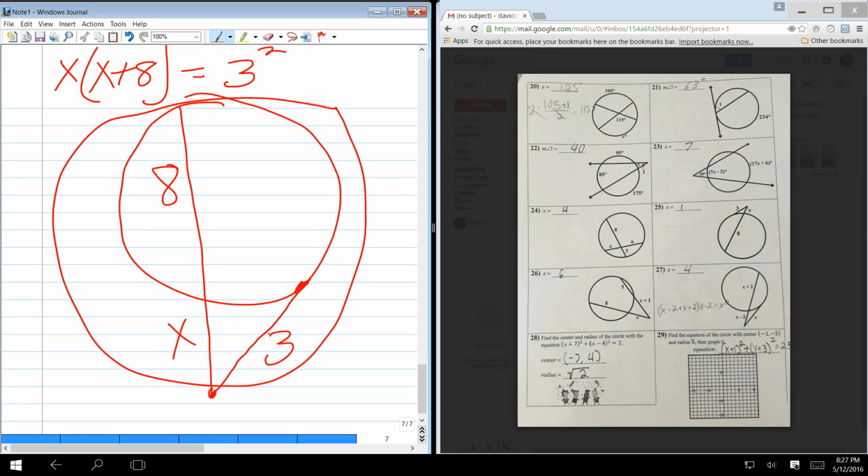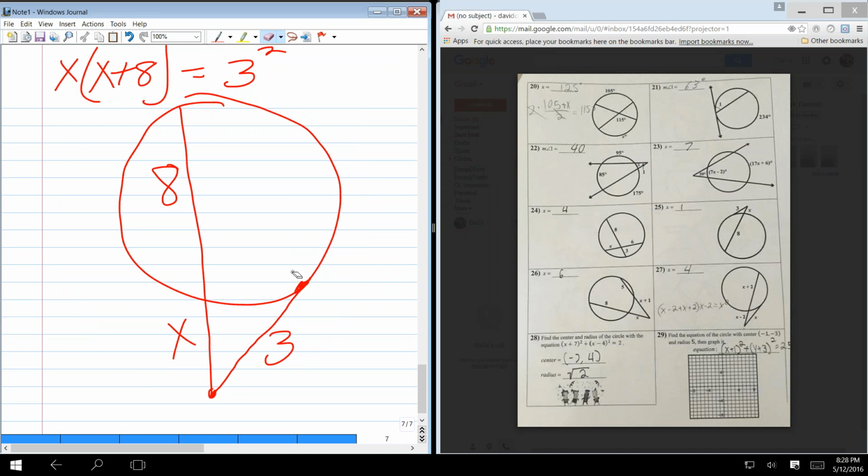The whole length of the tangent line is always going to be the same exact thing as the part outside the circle, so it's always squared. And the formula they give is this squared equals this times the whole thing. But you can always remember it by remembering that it's the same rule as two intersecting secant lines.